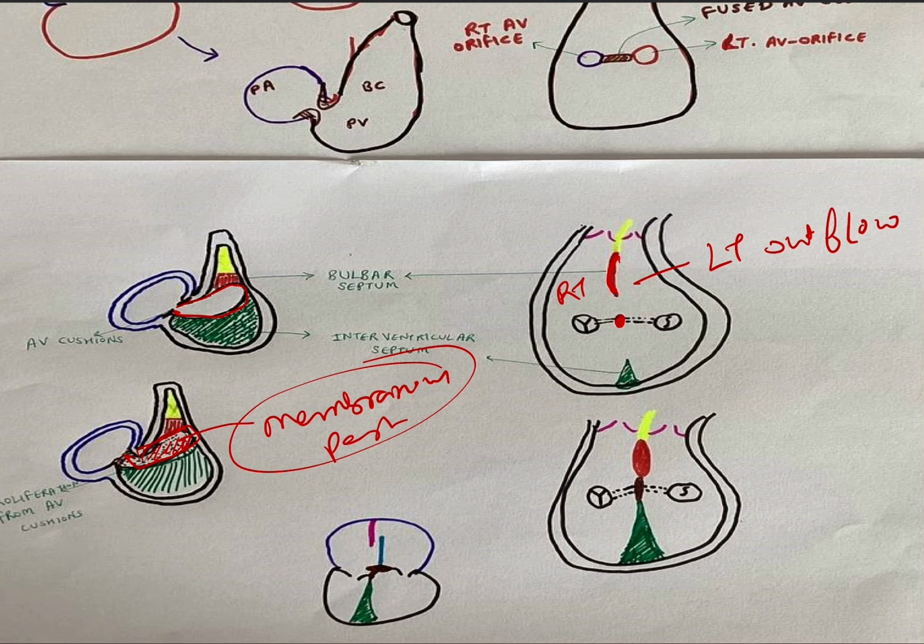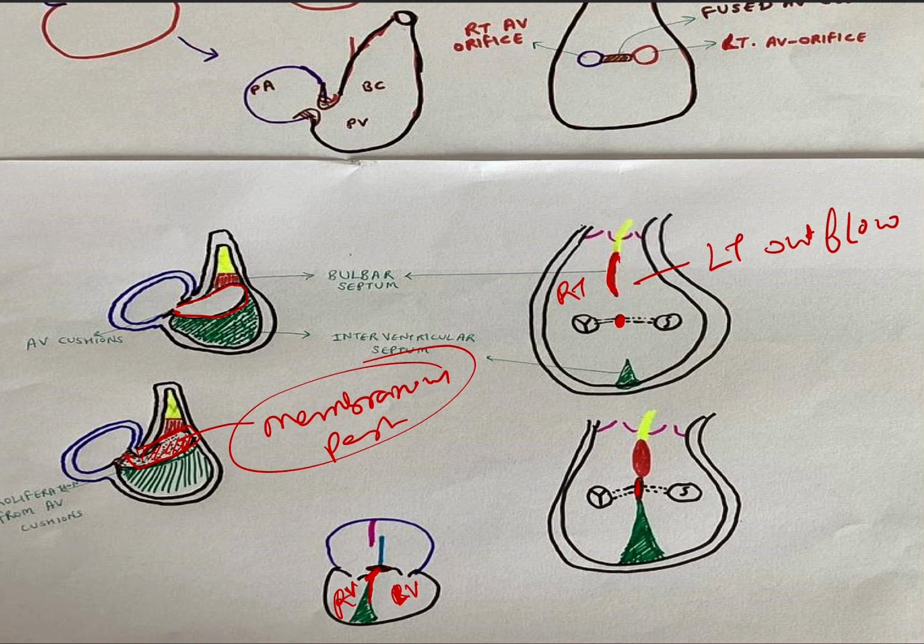This membranous part has two portions, anterior and posterior. I am not able to visualize it in this image, but this is the anterior septum, which is connecting the muscular part, or interventricular septum, and divides the left ventricular cavity from the right ventricular cavity.